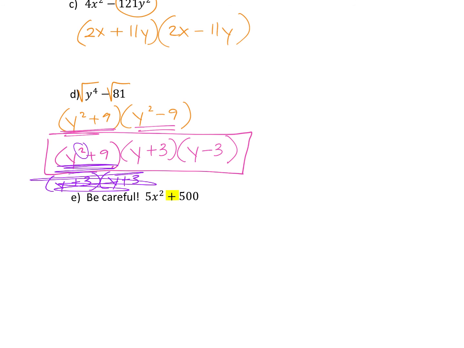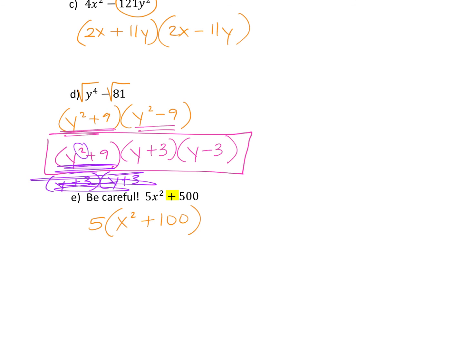Okay, so that applies right here. What do we do first? Factor out the 5. So we take out a 5 and we get x squared plus 100. Now this is what we just talked about. You have x squared plus something.